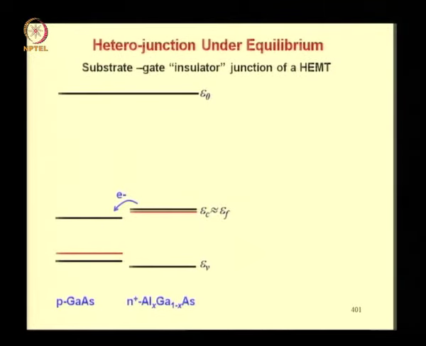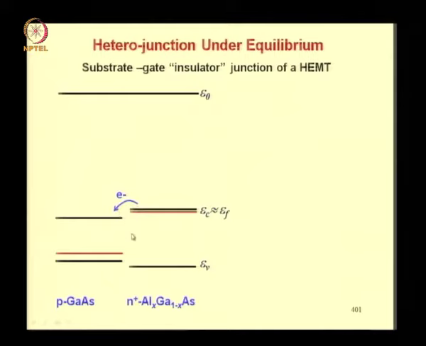Now let us move on to drawing the band diagram of the heterojunction of the HEMT. So from the Fermi level locations we argue that electrons will be transferred from Al-gas region to gas region. Okay. What does this mean? When you join the Al-gas region to gas region, the Al-gas region which is N type will be depleted of electrons.